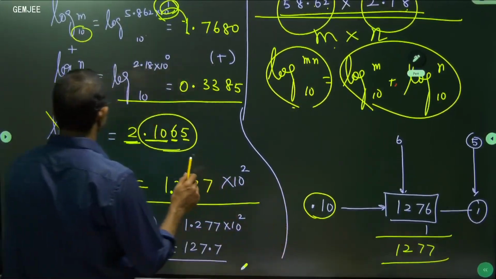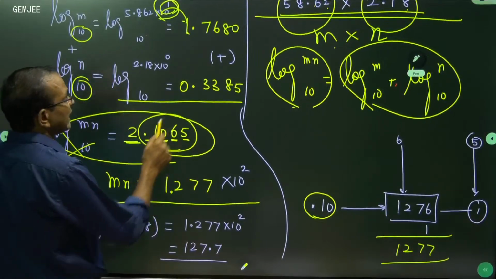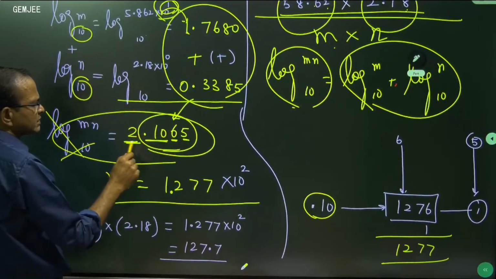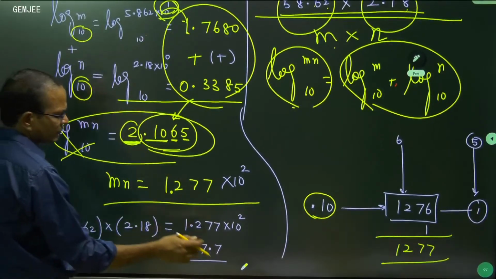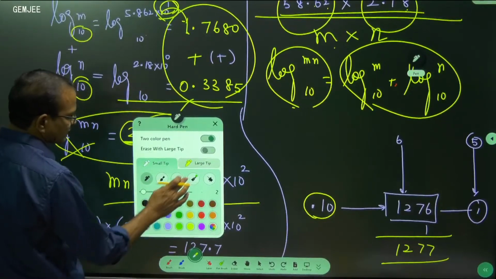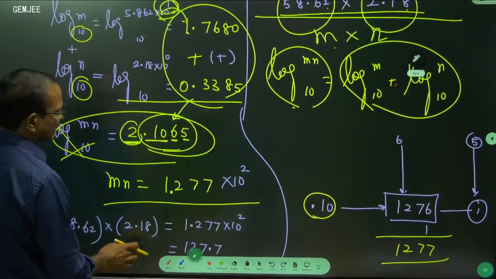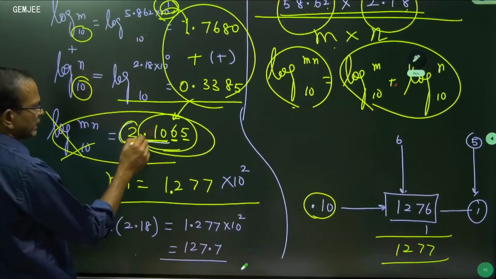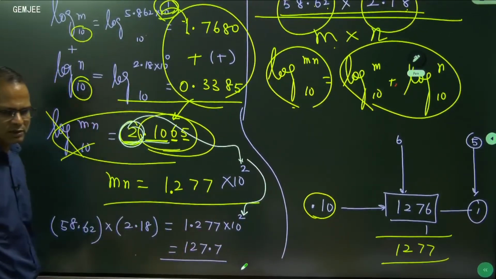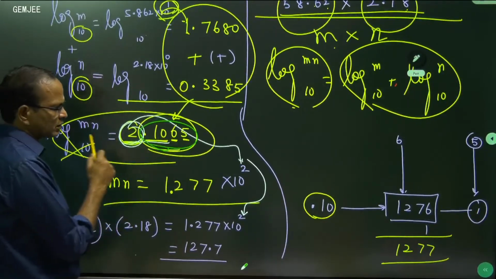Now this is the mean value you got by adding these two. This is the characteristic, and it will go and sit as the power of 10. Now this is the fractional part, the mantissa part.